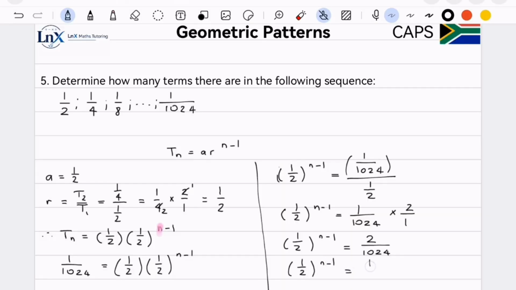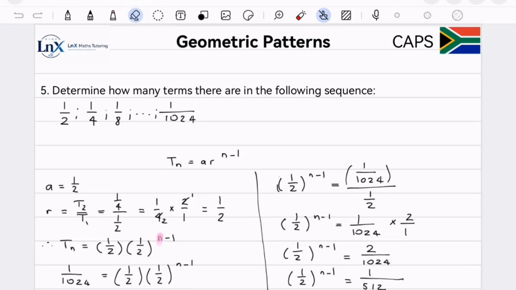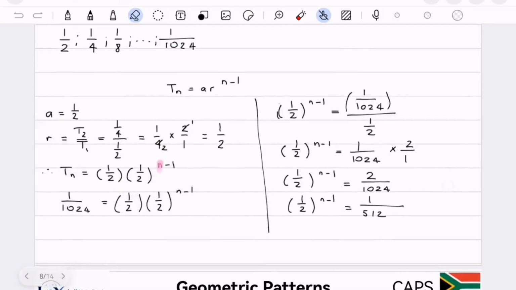So it goes here once. Half of 1024 would give us 512, sorry. All right. So now for our final answer, let's proceed from this side.